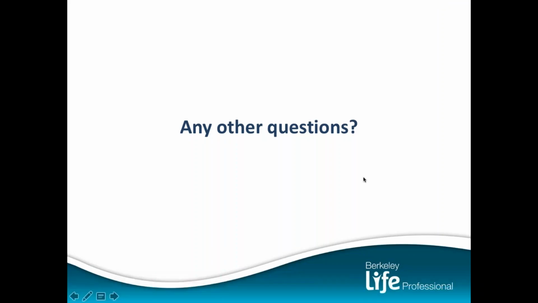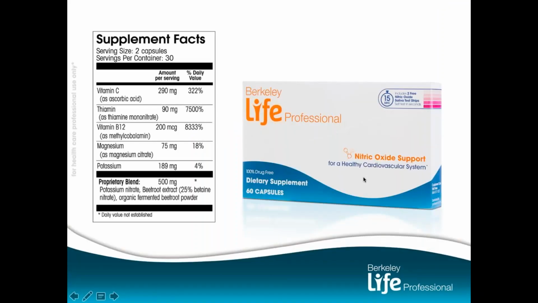Because with this virus that's going around, the people that have the worst outcomes are the people with cardiovascular disease, with hypertension, with diabetes. All of these are nitric oxide deficient patients. So here's another reason to optimize your nitric oxide.